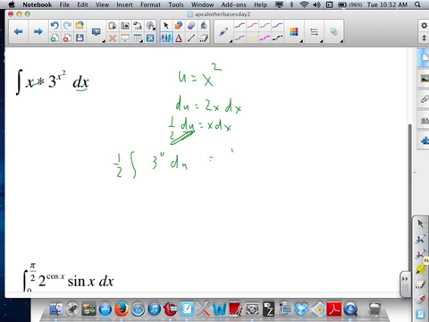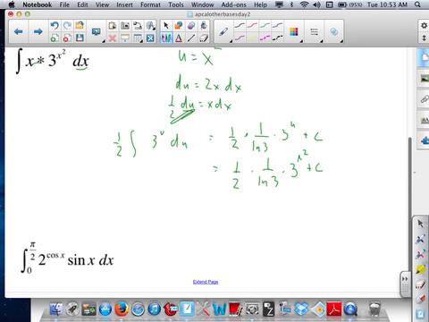That's going to be 1/2 times 1 over the ln of 3 times 3 to the u plus c. And then finally, at the end, we'll have 1 over ln 3 times 3 to the x squared plus c. So there it is with a u substitution.